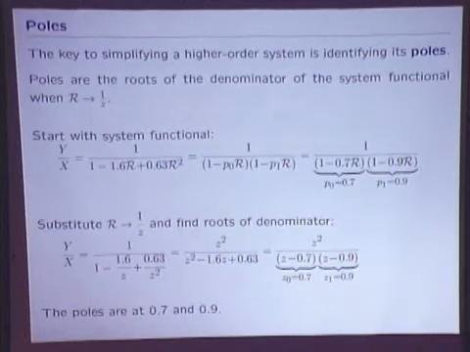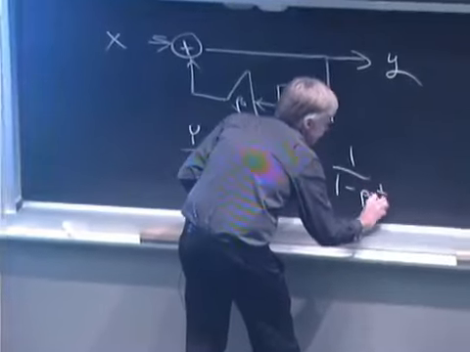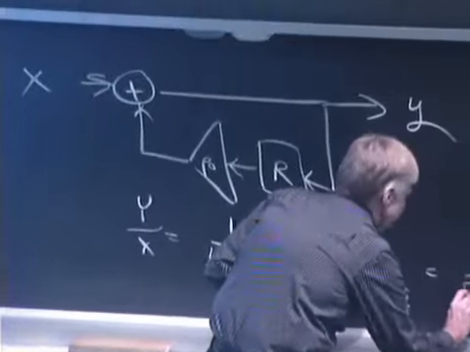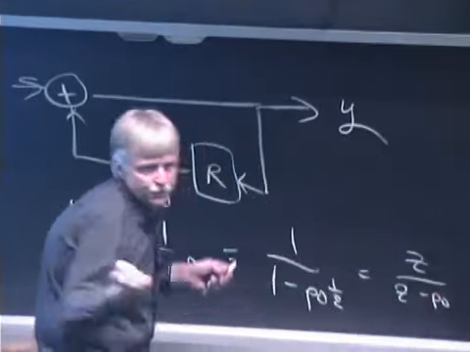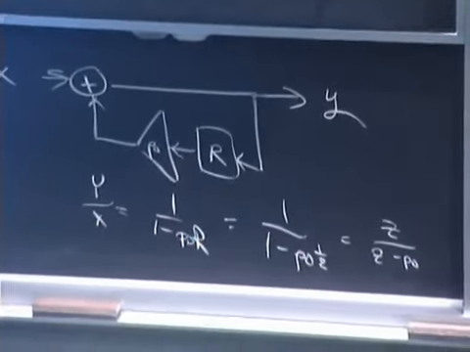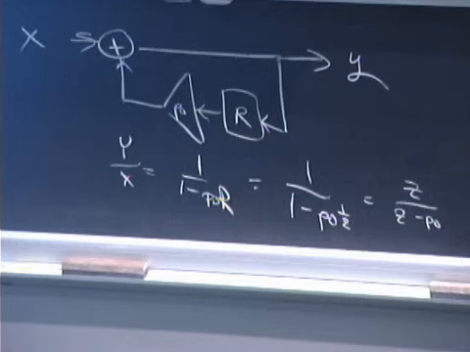If I have the canonical form where I know that the pole is p naught, and I replace the r by 1 over z and clear the fraction, I would end up with z over z minus p naught. And now if I ask what are the roots of the bottom, for what values of z is the denominator equal to 0, the answer is clearly z equals p naught.